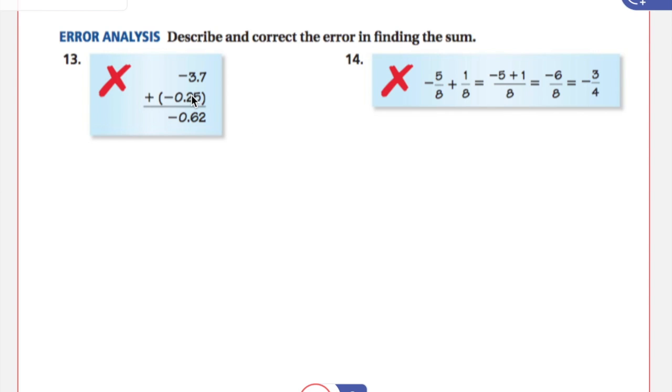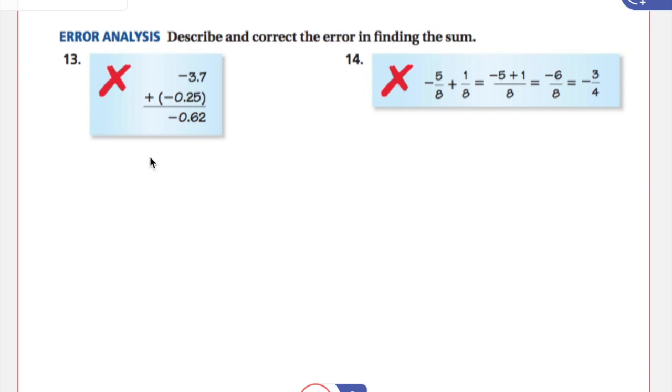All right, let's go ahead and take a look at the error here. So just by observing, a negative plus a negative is a negative, okay. But since I already took care of those negatives, I still want to add together this negative. Remember, adding two negatives together is going to be a bigger negative. So the error here is, well, actually, first, they need to line up their decimals.